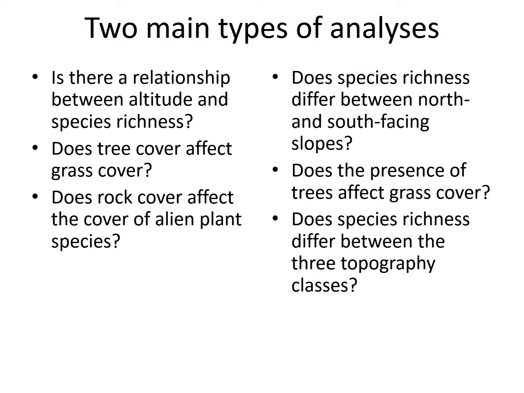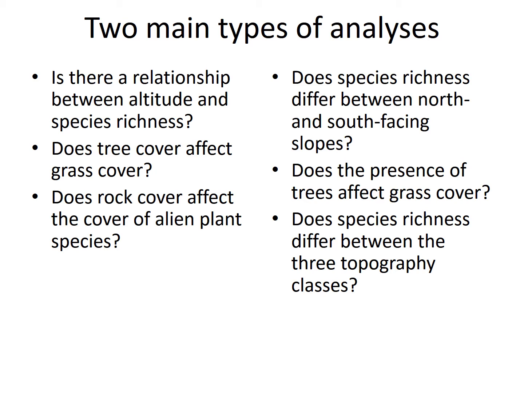Okay, so for today, we really want to split our data questions into two types of analyses. So here we've got two columns. The first one asks, is there a relationship between altitude and species richness? And then there's two other questions. The second column, does species richness differ between north and south facing slopes?